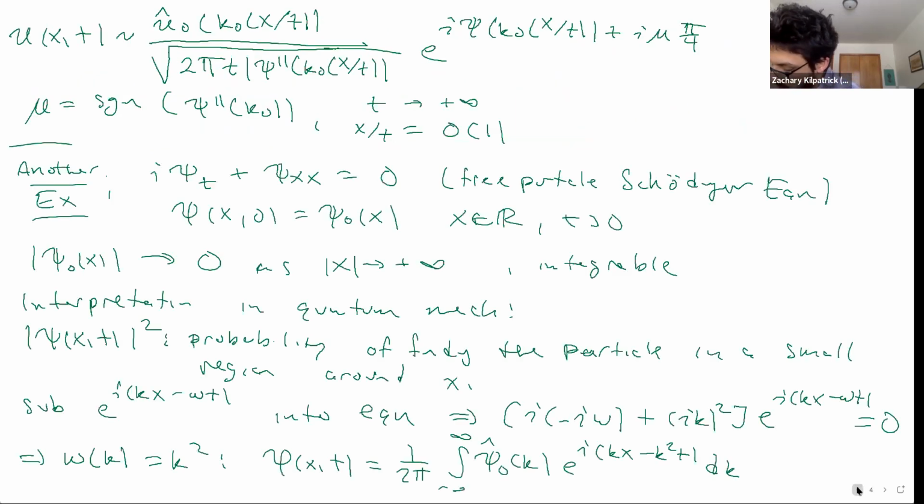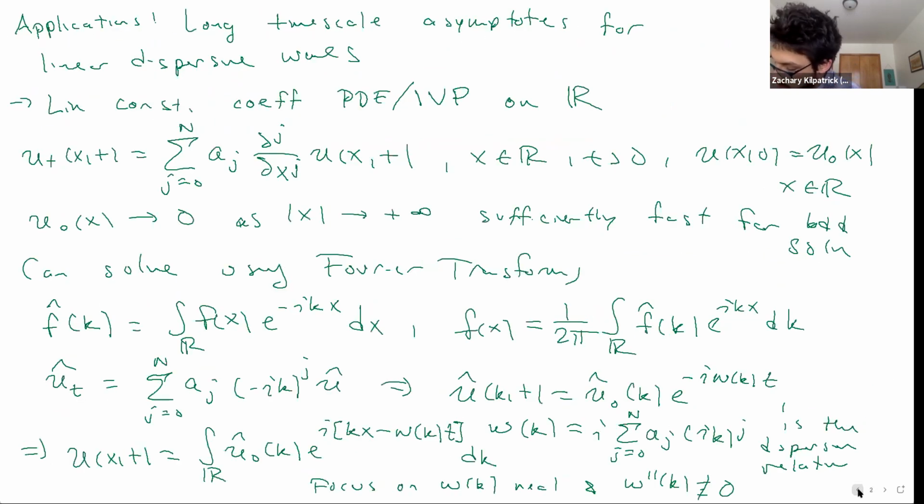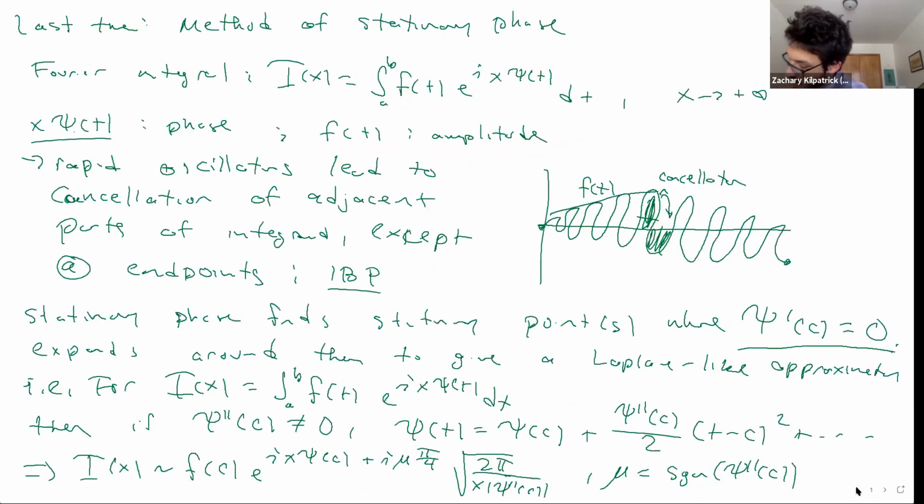Just looking back at our original Fourier integral approximation using stationary phase, we have our leading order term, the square root of 2 pi over whatever our function is that's large. In this case, it was t. And then we have our phase formula, psi prime evaluated at t.